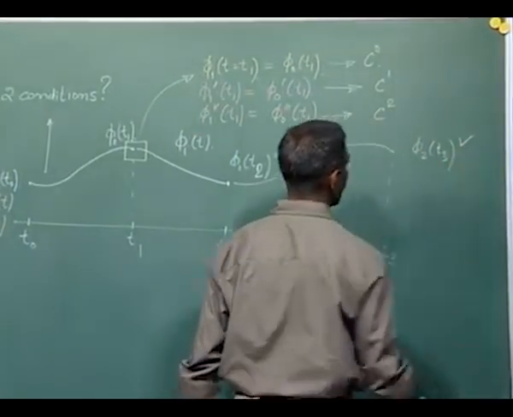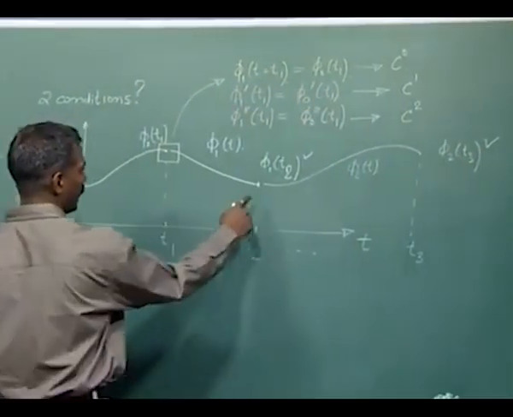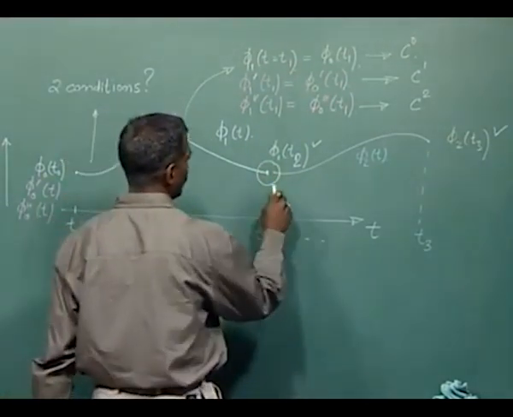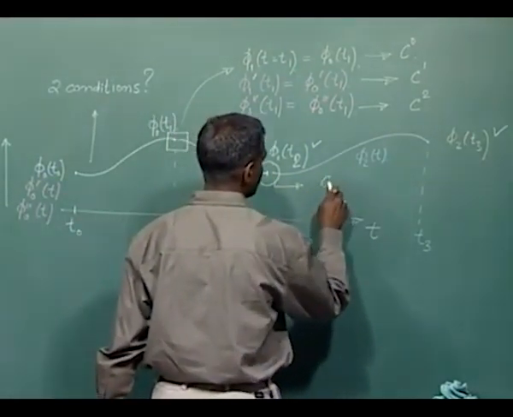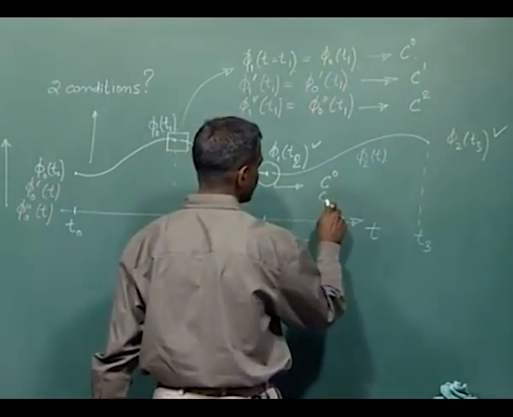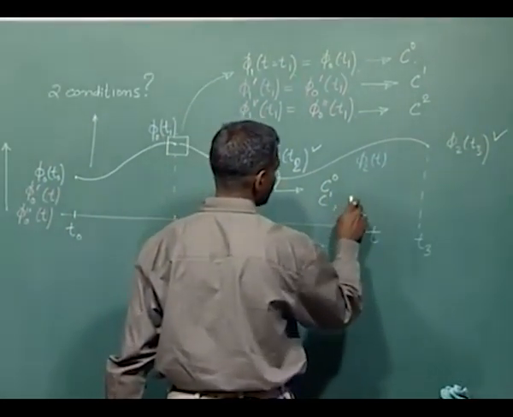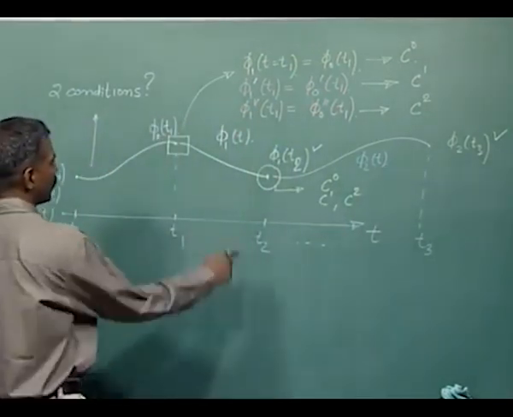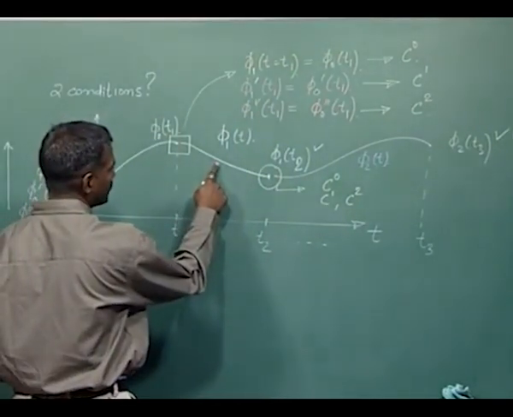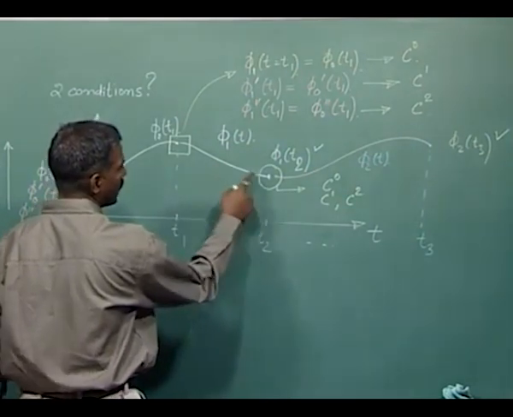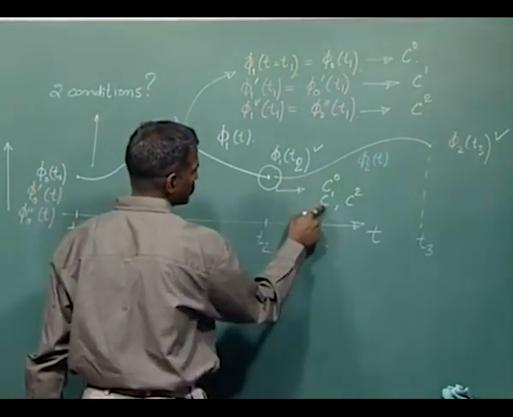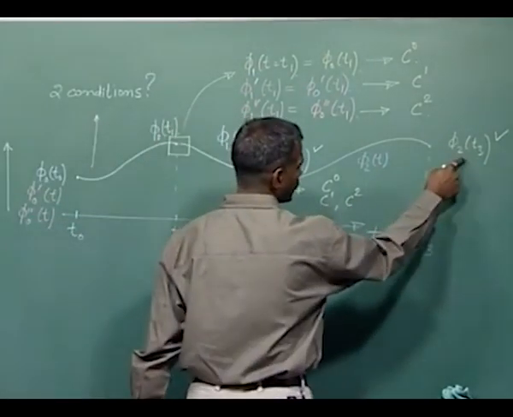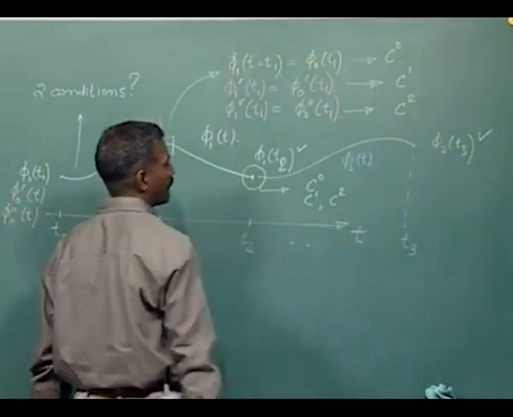Let me assume that this is known. At this junction point, we will have C0 continuity, C1 continuity, and C2 continuity. Now that you know what the second segment is, you can generate these three conditions. Three conditions here, the fourth condition here, the third segment of the spline is known.